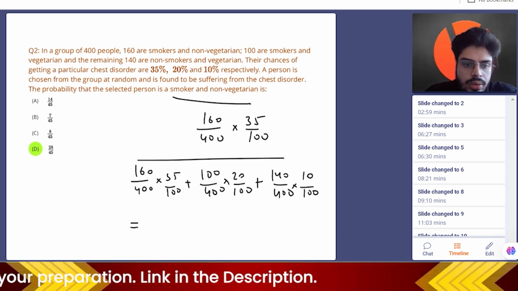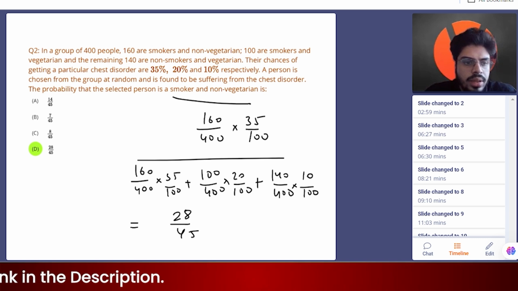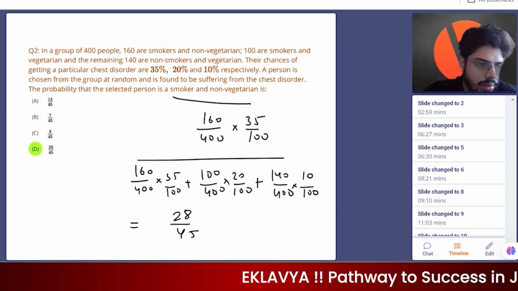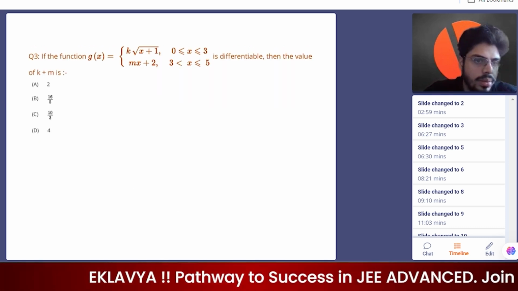When you solve this, I think you will get 28 by 45. Okay, correct.